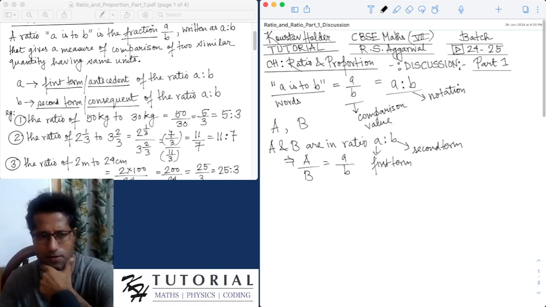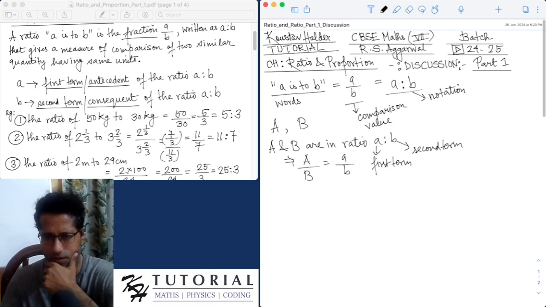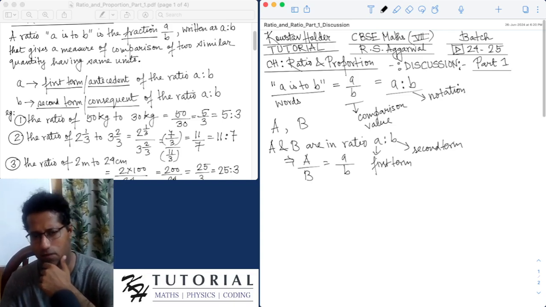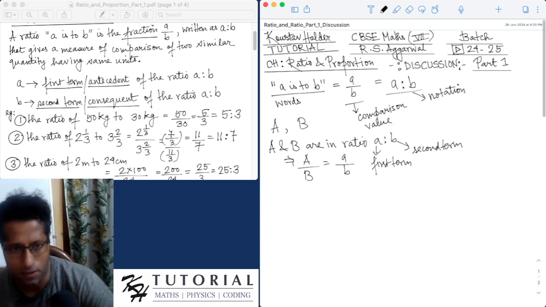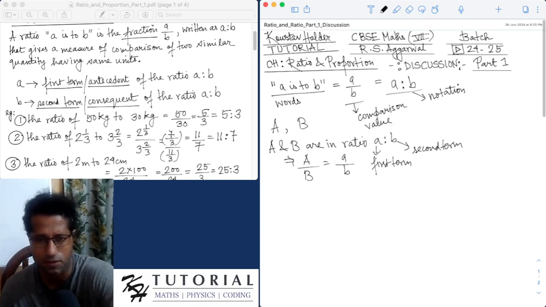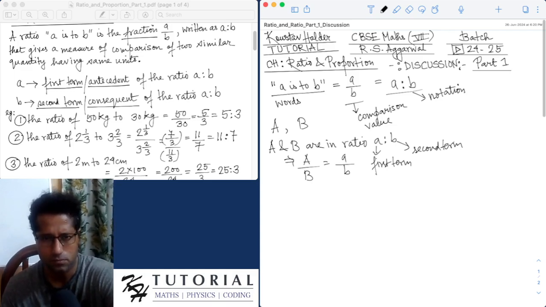Now you see some examples are given in the notes. If the values of A and B are given, then we can say that A by B, whatever the value is, is the ratio of the quantities A and B. The first example in the notes says the ratio of 50 kg to 30 kg is 50 by 30, and since it's a fraction, we can reduce it further and say it equals 5 by 3, and eventually it is 5:3.